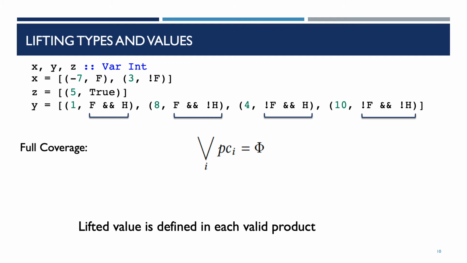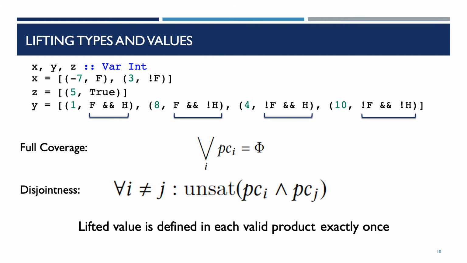Actually, it has to be defined in each valid product exactly once. And this is what the disjointness invariant is saying. All this invariant says is the pairwise conjunction of presence conditions within a value has to be unsatisfiable, which means the sets corresponding to those presence conditions have to be disjoint.